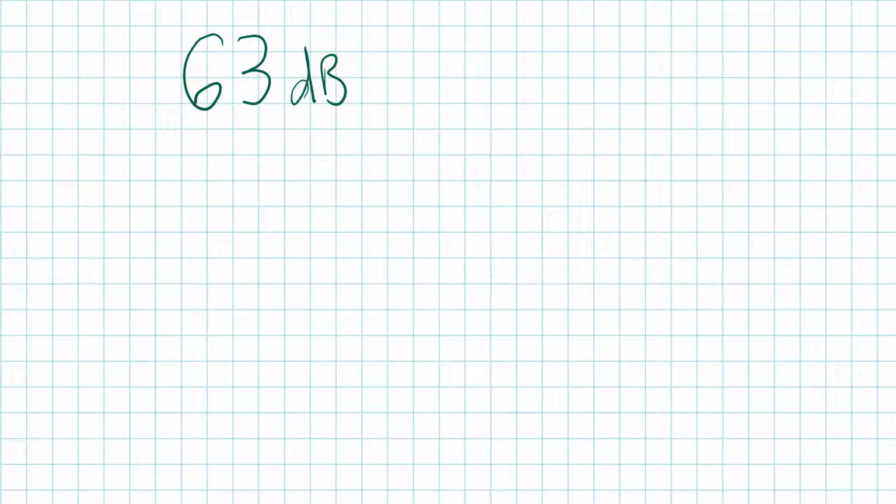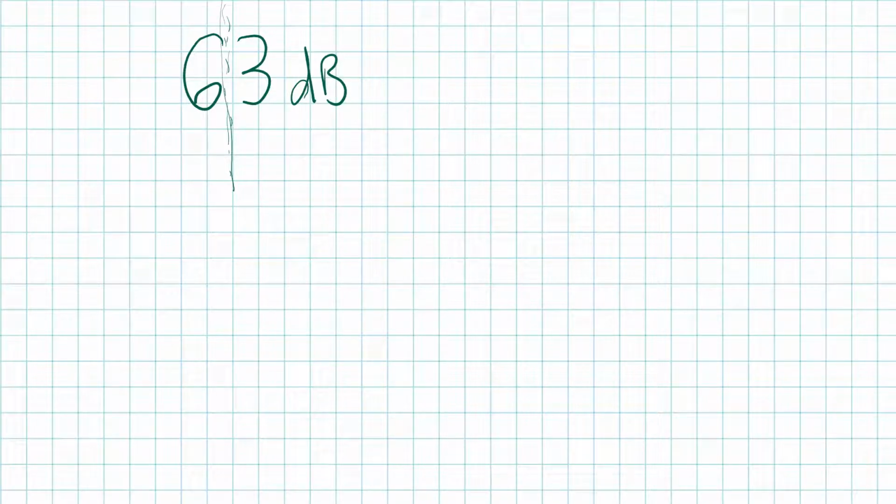Really, with your dB values, what you just need to do is draw a line ahead of the first digit and break it apart that way.